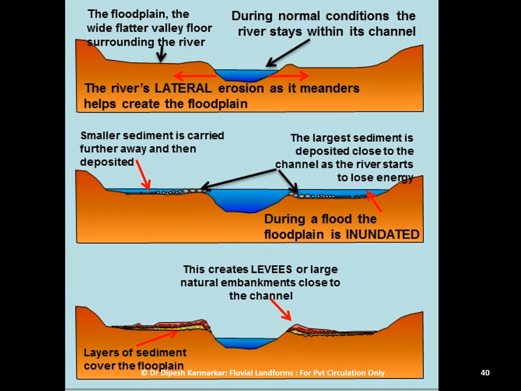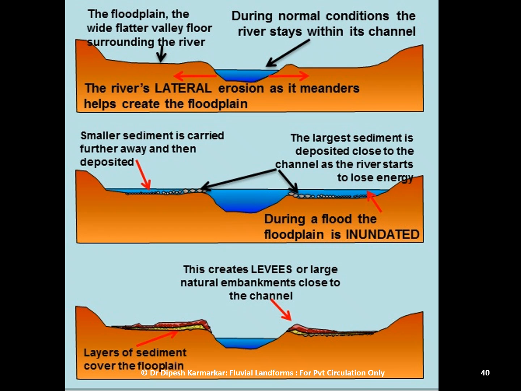This diagram shows a river floodplain and how sediment spreads across it during a flood. So the first stage is before the flood, that is during normal conditions, when the river water stays within its channel.